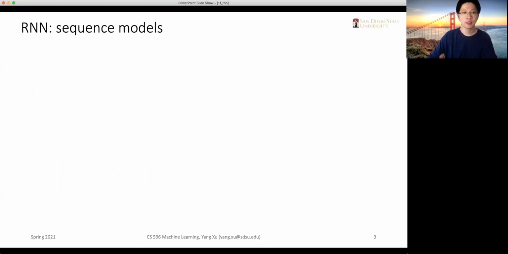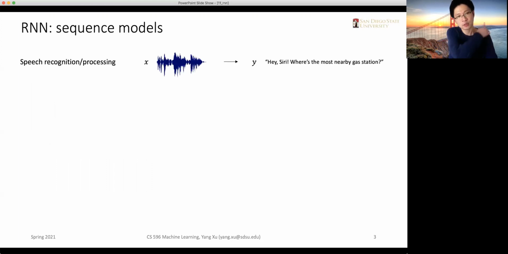All right, let's look at more context, more examples. The sequence data, or the sequence modeling tasks, that we're talking about actually span a very broad range.